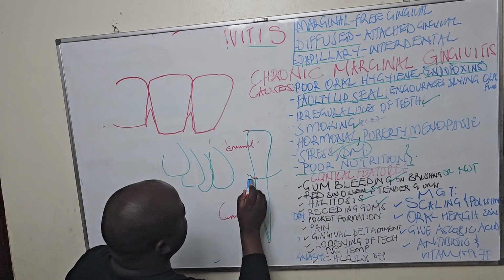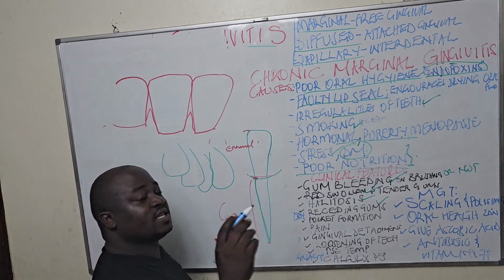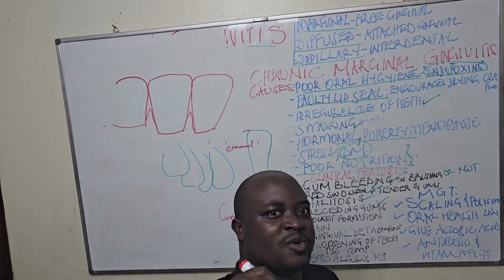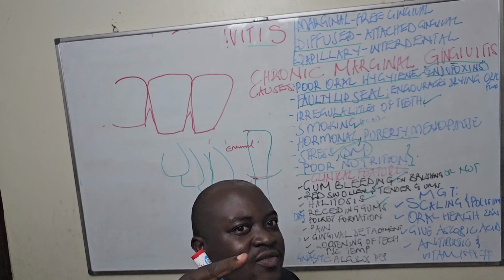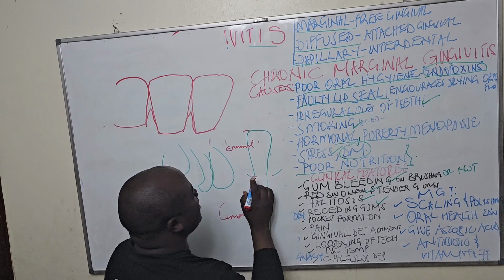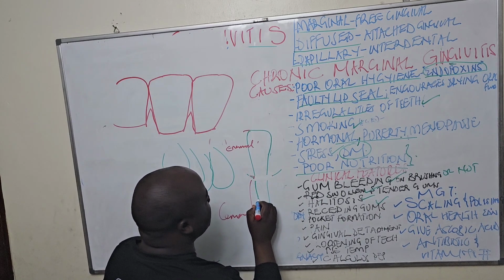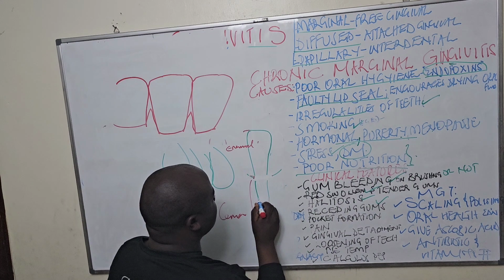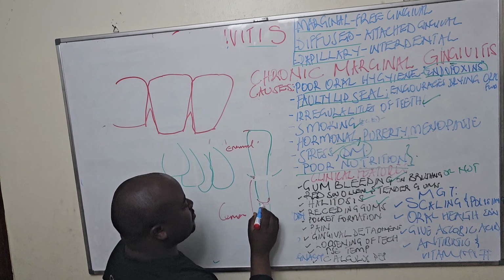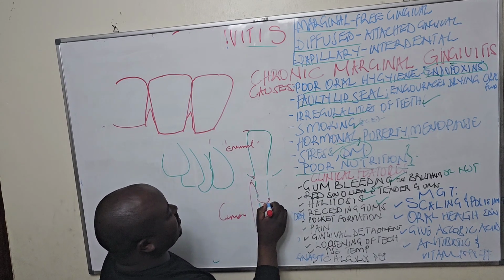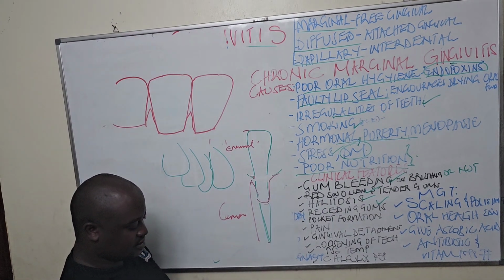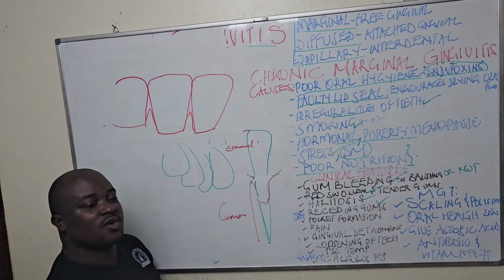By the gum. This should be the gum level ideally, but sometimes due to calculus, which comes from the hardening of the plaque, it keeps on pushing this, and you shall notice that the gum is being receded or pushed down, and in some people you shall find the root of the tooth is being seen, what we call gingival recession.